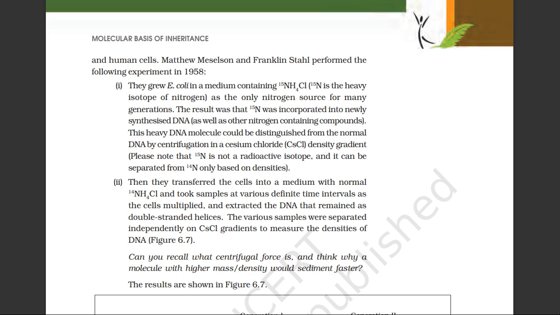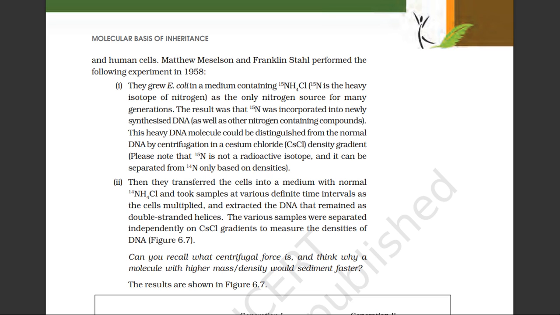They grew E. coli in a medium containing 15NH4Cl, 15N being the heavy isotope of nitrogen, as the only nitrogen source for many generations. The result was that 15N was incorporated into newly synthesized DNA, as well as other nitrogen-containing compounds. This heavy DNA molecule could be distinguished from the normal DNA by centrifugation in a cesium chloride (CsCl) density gradient.